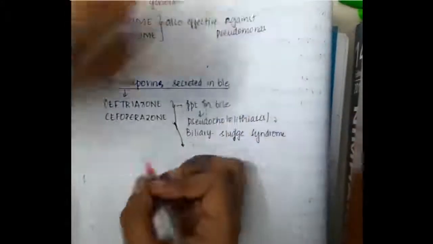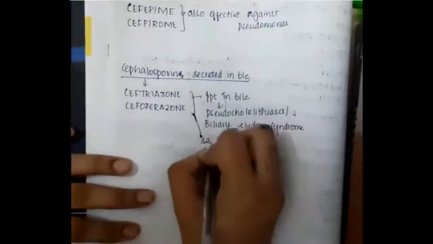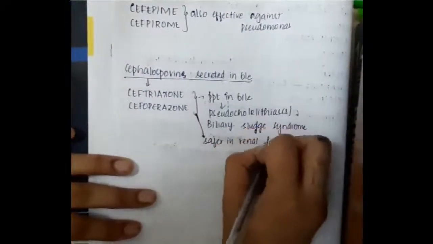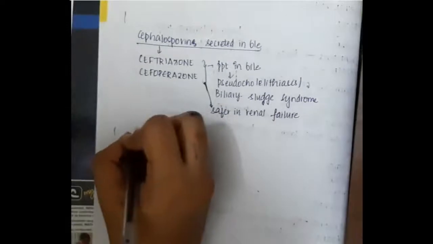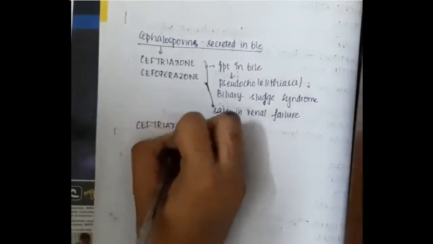Ceftriaxone and cefoperazone are excreted through bile, so they are safe in renal failure because they do not act on the kidneys.